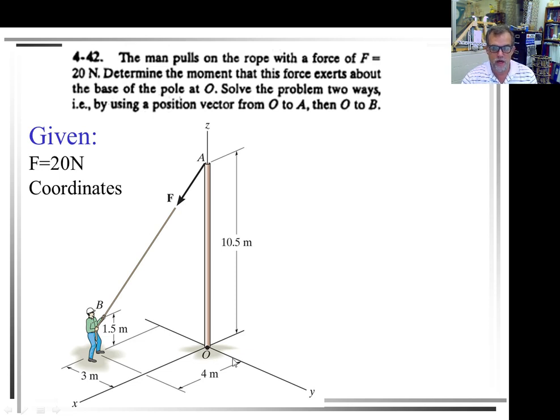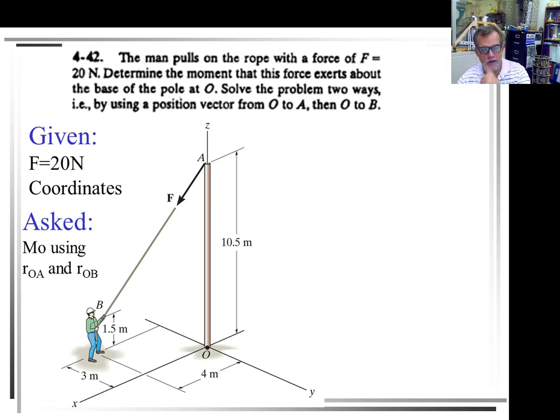Now we need r, so we have to find two r's. One, r_OA from here to here. Remember last time I told you, whenever you are going to be working in 3D and using vector formulation, the definition for r is really important. It goes from the point where you want to calculate the moment to any point on the line of action of the force.